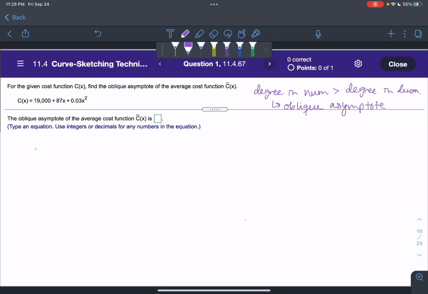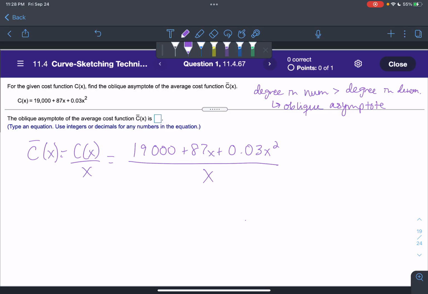So for this one, let's remember that our C bar, or our average cost function, is just our cost function divided by x. So we get our cost function of 19,000 plus 87x plus 0.03x squared all over x. To find the oblique asymptote, we can divide these individually, separating these into different fractions.